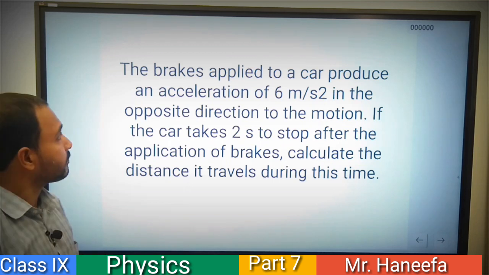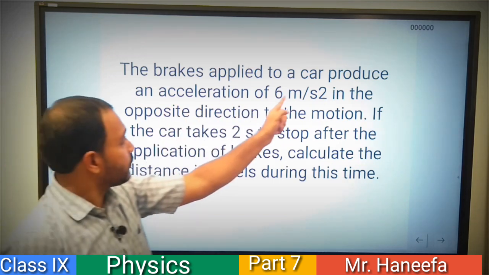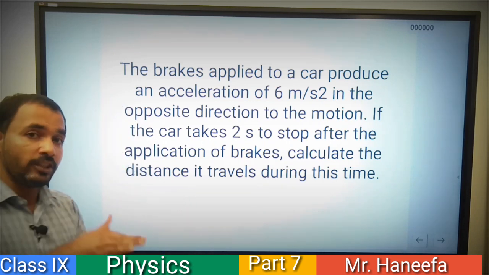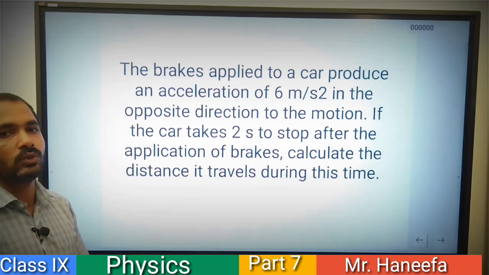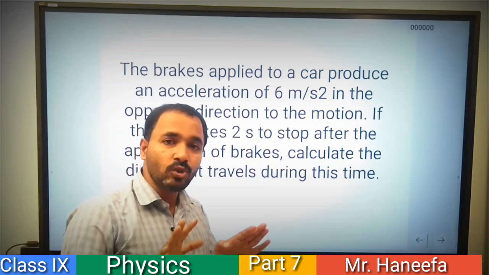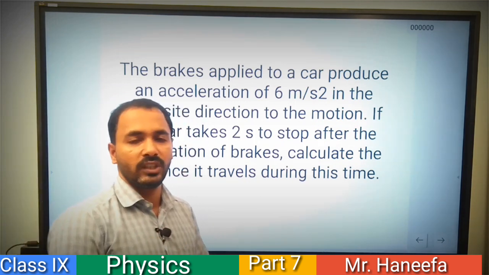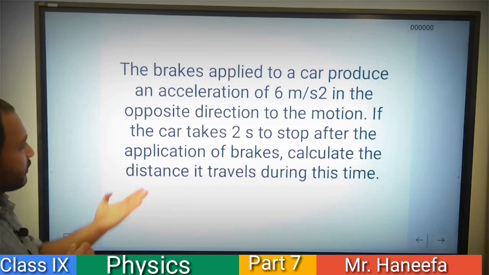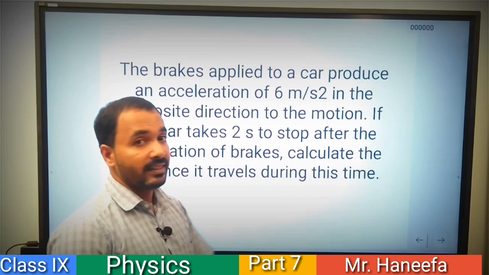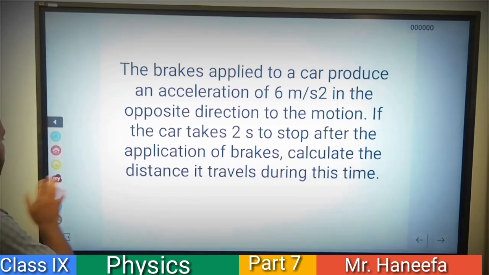So here acceleration is 6 meter per second square in the opposite direction, so acceleration equal to minus 6. Brakes are applied, car stops, so final velocity equal to 0. Time is 2 seconds. We have to find the distance traveled.